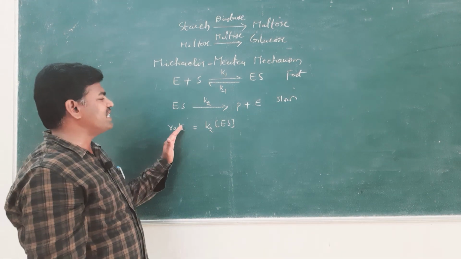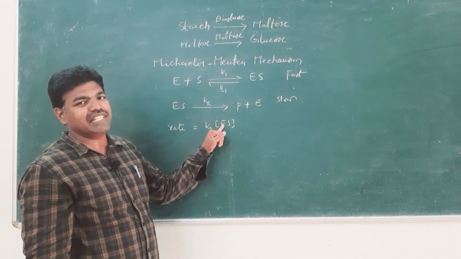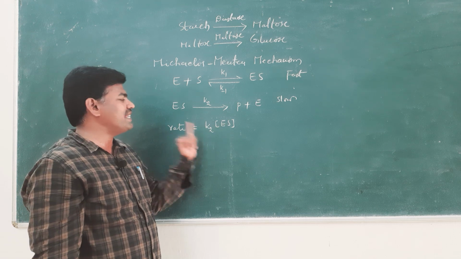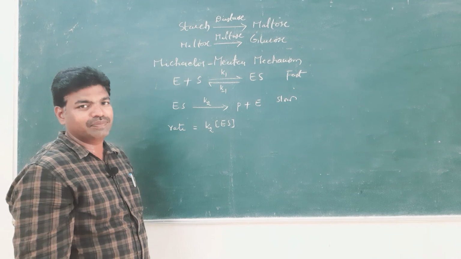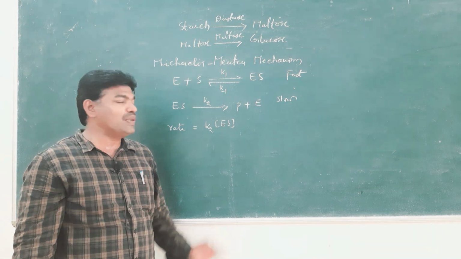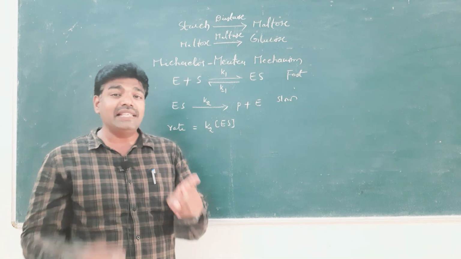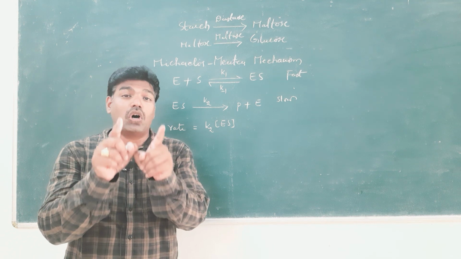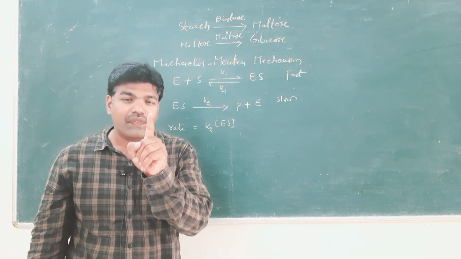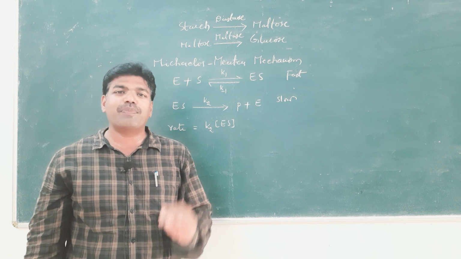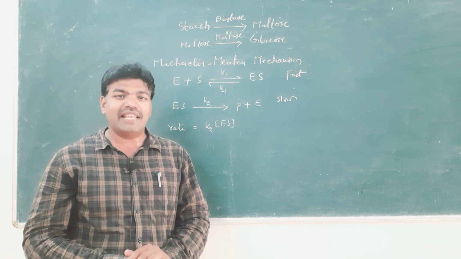So rate is directly proportional to the concentration of enzyme substrate complex, and rate is equal to some constant K2 times the enzyme substrate complex. Already I told you that enzyme catalyzed reactions need very small quantities of enzymes for the progress of reactions.